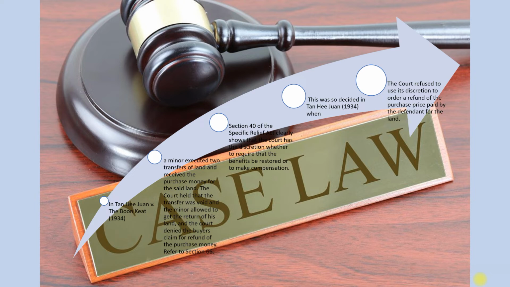But anyhow, the court under section 16 and section 40 of the Specific Relief Act has the discretion whether or not to require that the benefit be restored or to make compensation. Generally, when the court decides that the contract is void, then any money transferred should be refunded, should be reimbursed.